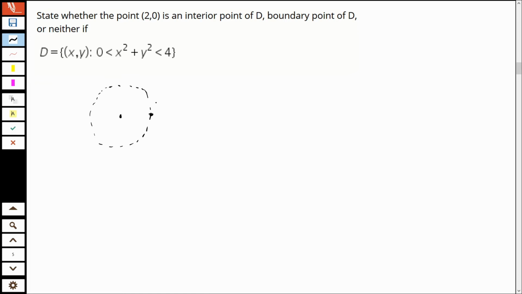Again, if I draw a circle around this point, no matter how small, it always intersects my set D. This means it's a boundary point.